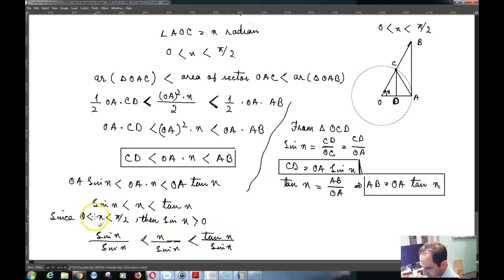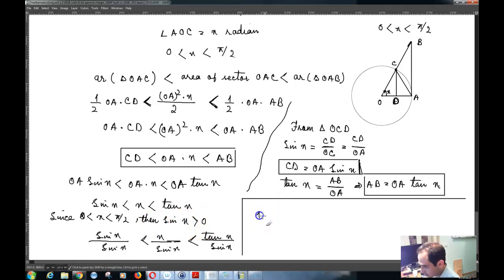Otherwise, if x was a negative value, then this would become sine x by sine x is greater than x divided by sine x is greater than tan x divided by sine x. So it's really important to understand all of these things and actually use them. Otherwise, what you get after all of this process is most probably going to be wrong.